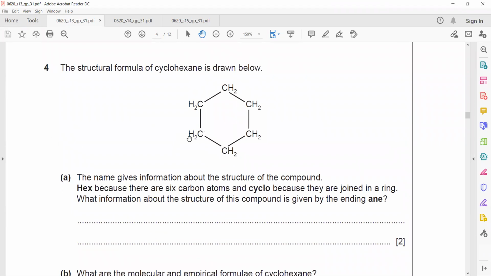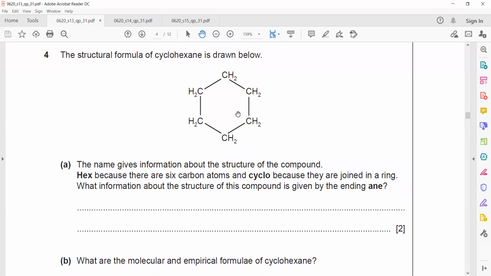The structural formula of cyclohexane is drawn. The name gives information about the structure of a compound. Hex because there are 6 carbon atoms, and cyclo because they are joined in a ring. What information about the structure of this compound is given by the ending -ane? It is of 2 marks.